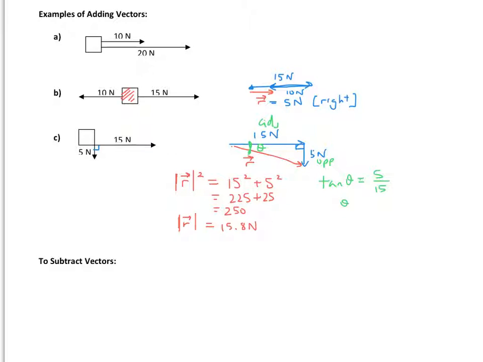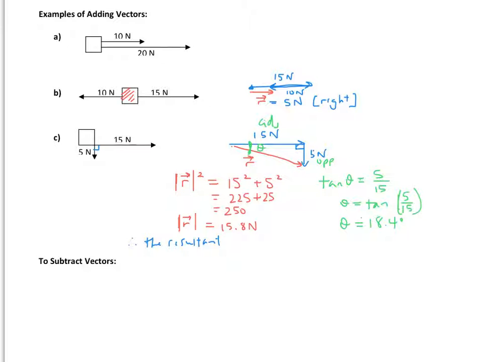So my theta will be the inverse function of tan on that 5 over 15. Those are supposed to be curved brackets there. So if you put that into your calculator, make sure you're in degree mode, that's going to give you approximately 18.4 as our angle.